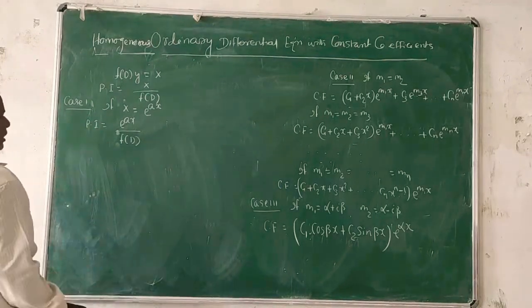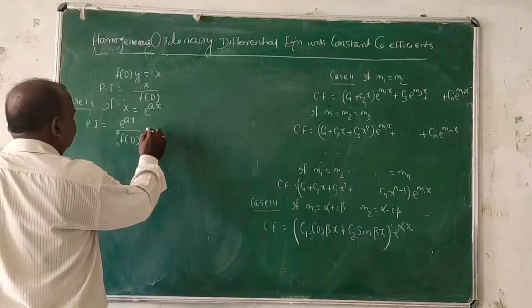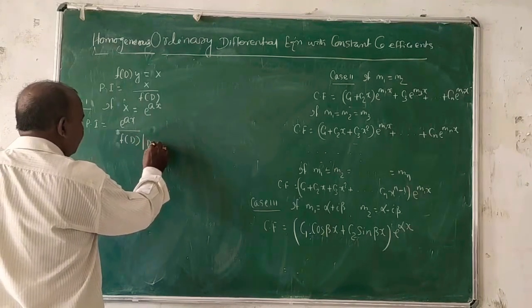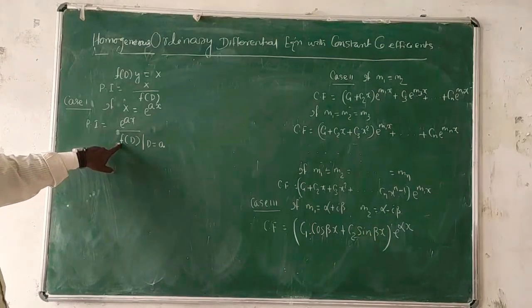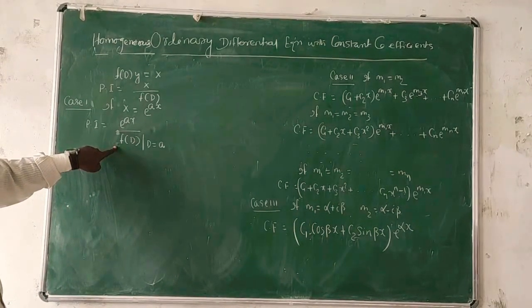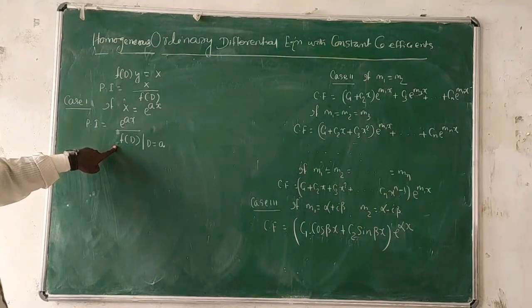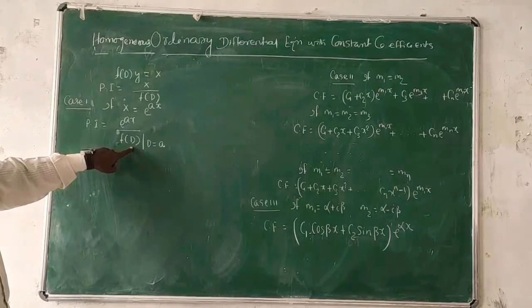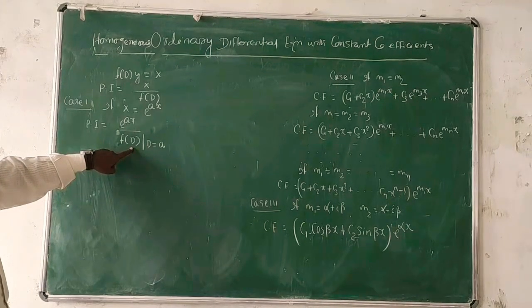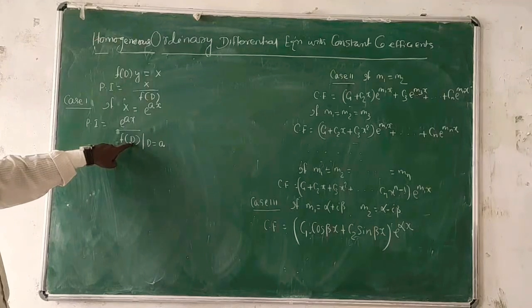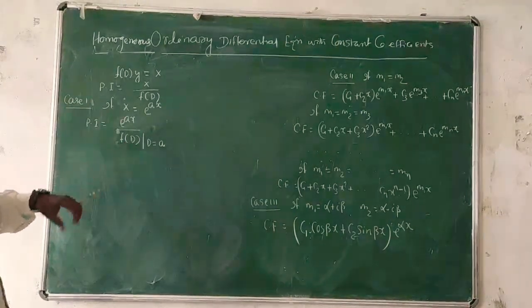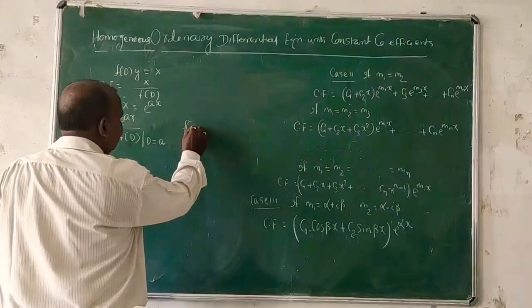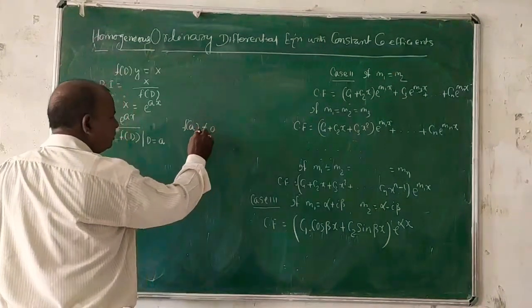To understand this, you substitute D equal to a. For example, if f(D) is equal to D plus a, you substitute D equal to a, so that you get 2a, provided that by substituting this, f(a) is not equal to 0.